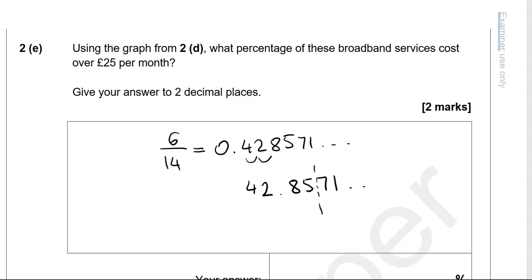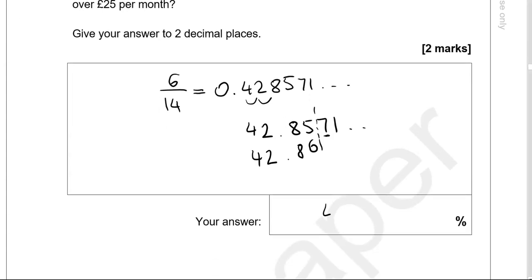So 2 digits after the decimal point. Looking at the 7 means we round the 5 up to make it a 6. So we get 42.86.